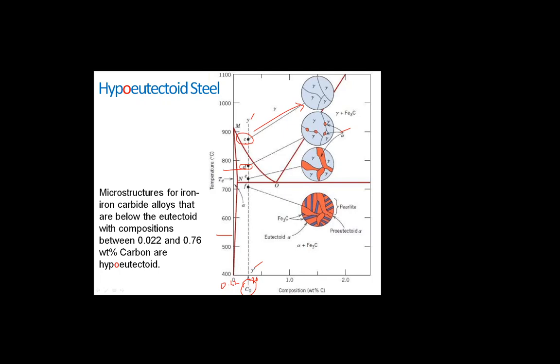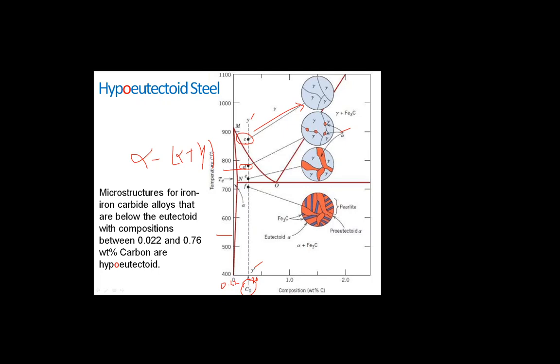While cooling the alloy through the alpha plus gamma phase region, the composition of the ferrite phase changes with temperature, along the alpha to alpha plus gamma phase boundary line, the line M to N.